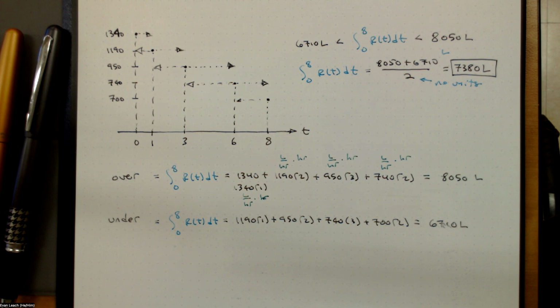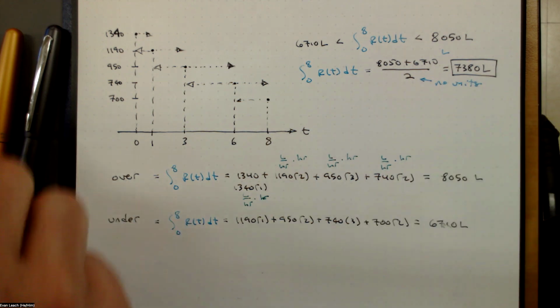Now, if you recall, on the first two problems, I said when there's doubt, just use the simplest thing. Think linearly between all the things. And that's the area that we have with this 7380. This is the area if I just draw a line between all the points that I know. So this is still thinking linearly.